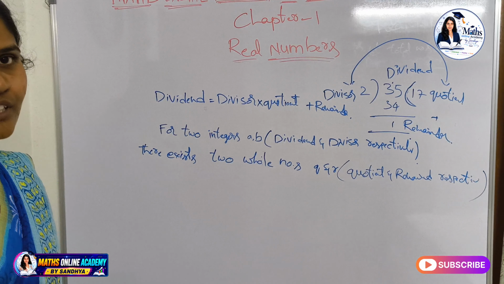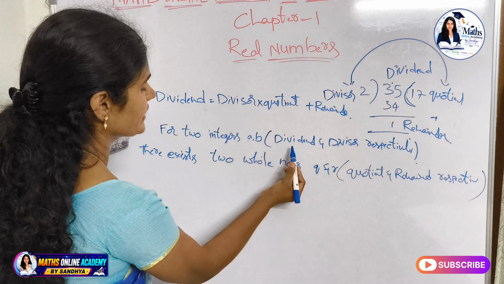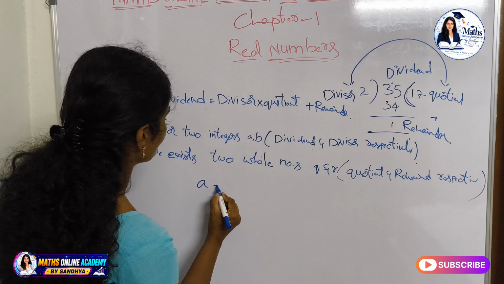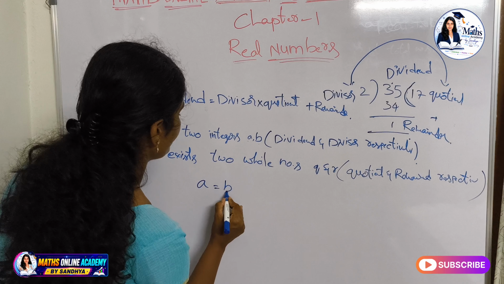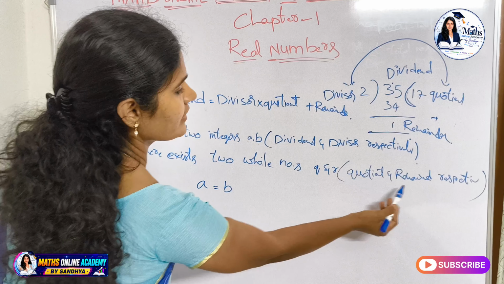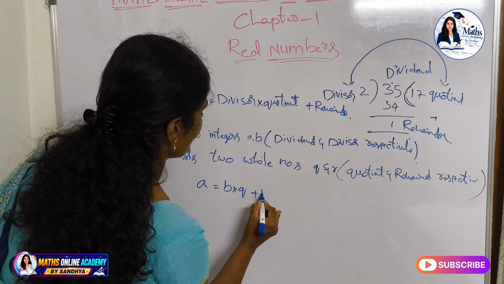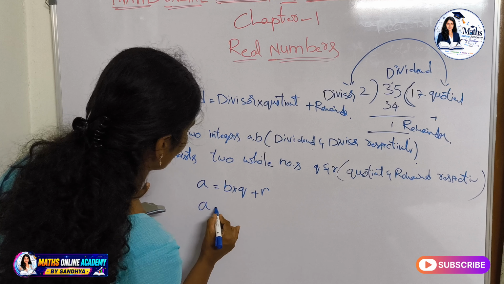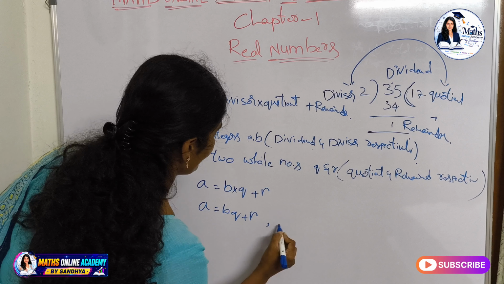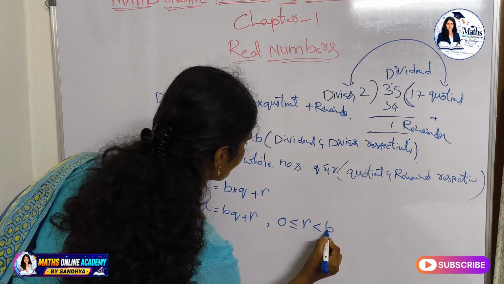See, based on this, A is the dividend, B is the divisor. So A equal to B, quotient is Q and remainder R respectively, into Q plus R. A equal to BQ plus R, and here 0 less than or equal to R less than B.